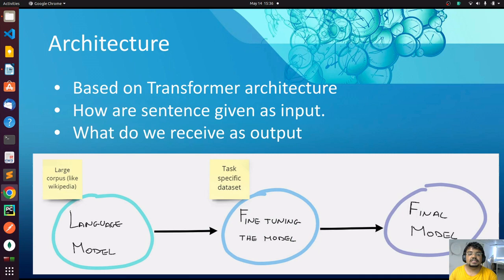Now let's understand what architecture these neural networks are based on. So these are based on an architecture called the transformer architecture. This was, if I'm not wrong, released by Google. So why do you require transformer architecture?